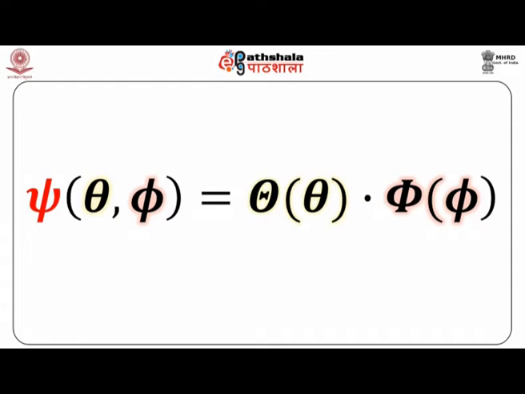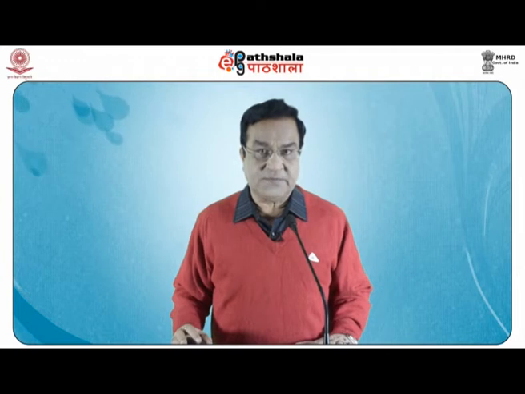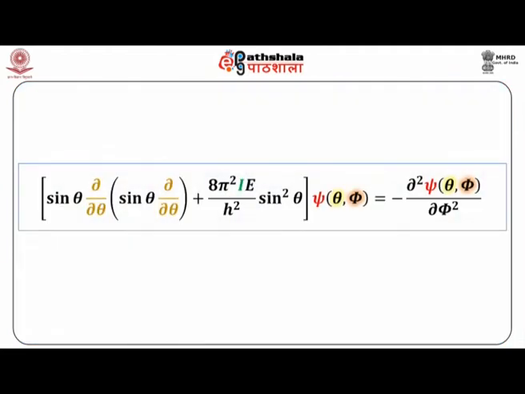Therefore, by using the method of separation of variables, one can say that the wave function psi(theta, phi) will be equal to capital Theta(theta) times capital Phi(phi), the product of these two functions. If this form of psi(theta, phi) is substituted in the equation and then rearrangement is done, we get this equation. You can see how it looks.